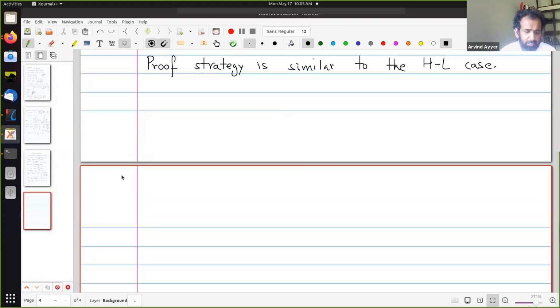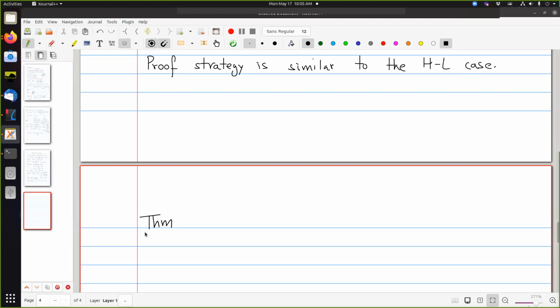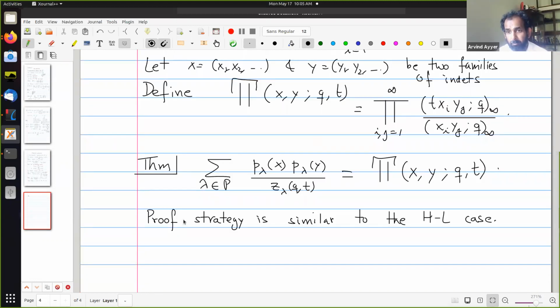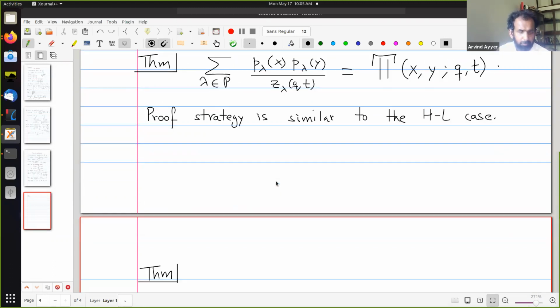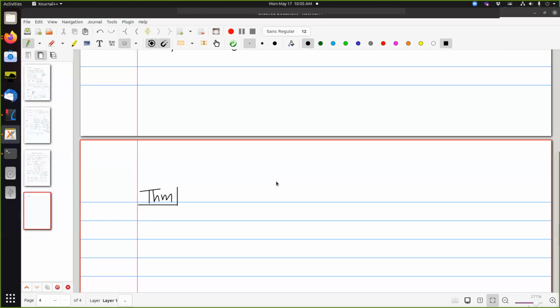And the next theorem is again a generalization of the same thing. The right hand side is also a nice product. So this generalizes Cauchy in a very nice way, with two parameters.